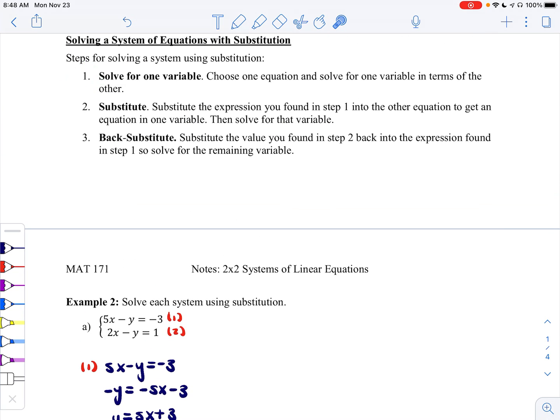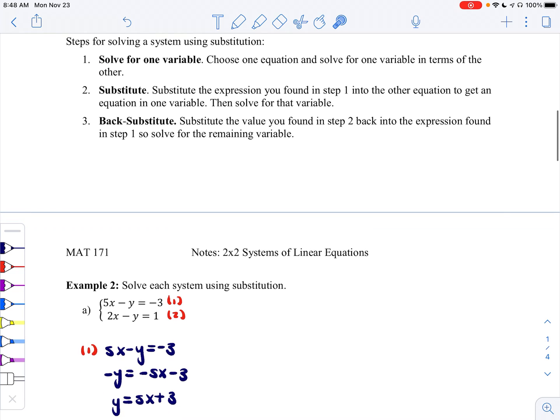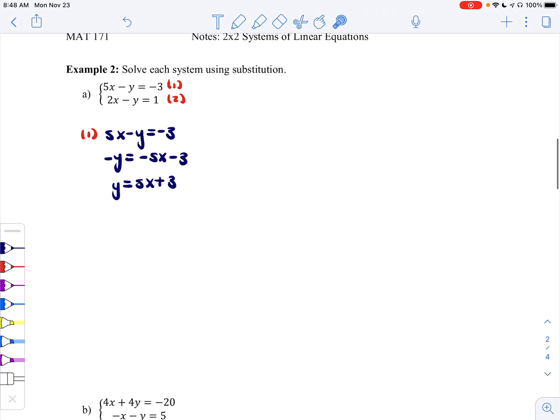Solve for one variable. Okay, so then after we do that, this is where we substitute. So we take this equation, the y equals 5x plus 3, and we substitute it into the second equation. It's always important that you substitute into the other equation. It's not going to do you any good to substitute it back into itself.